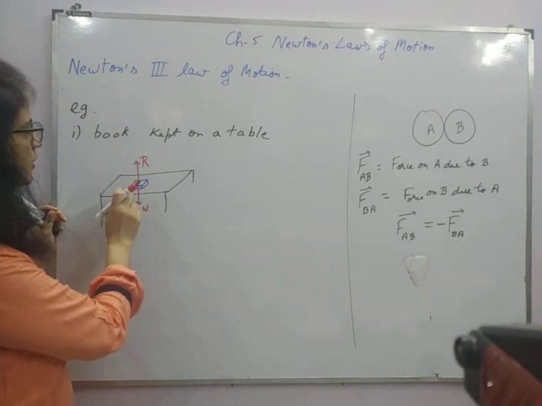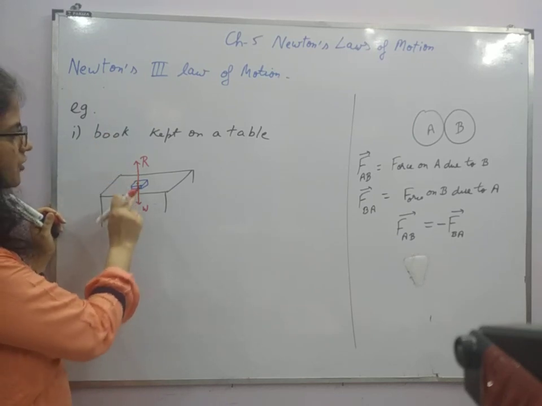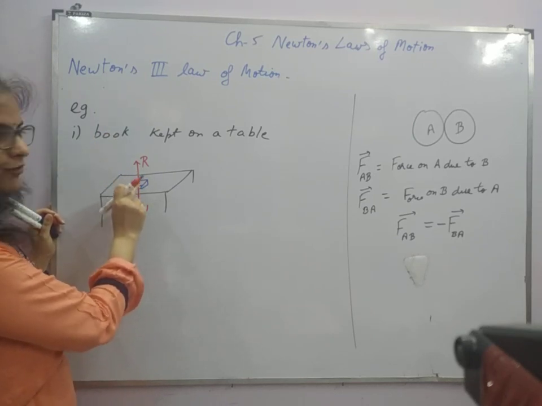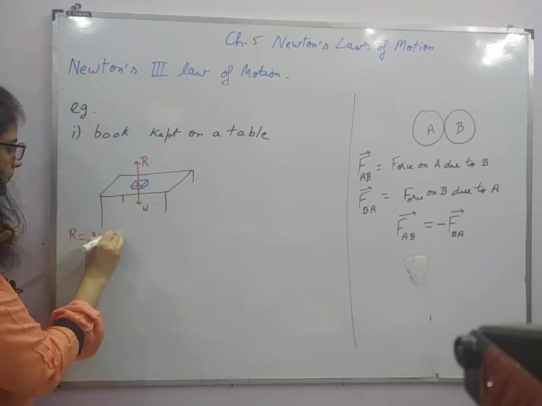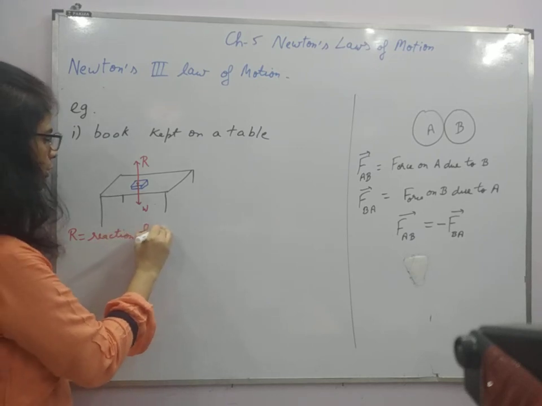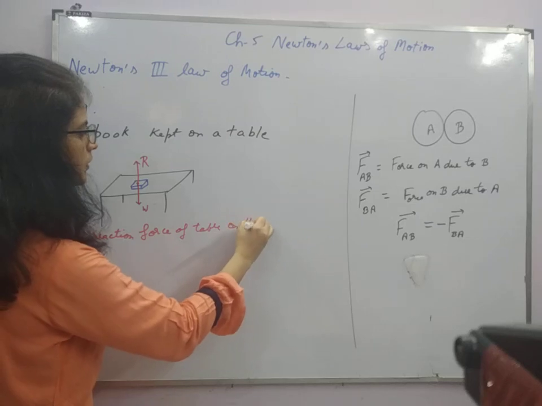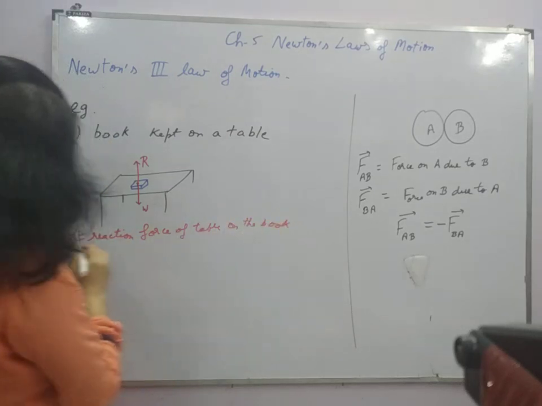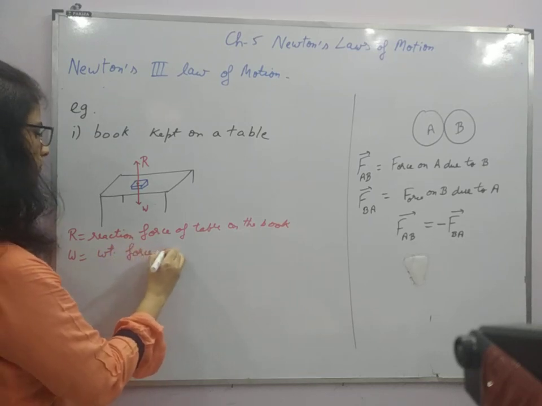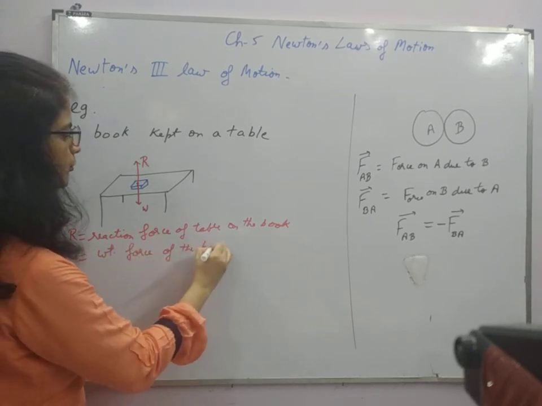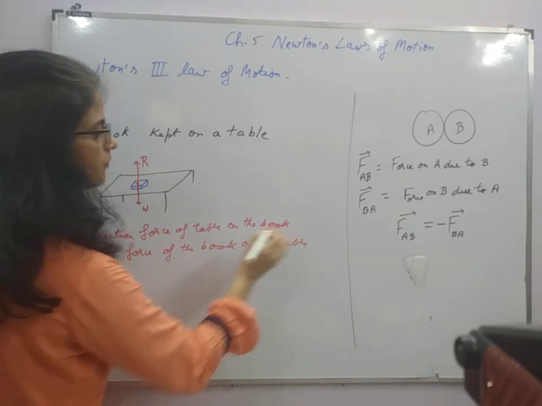This reaction force is given by the table in the upward direction, and this action force is the weight of the book on the table. Here R is the reaction force of the table on the book, and W is the weight force of the book on the table, right?